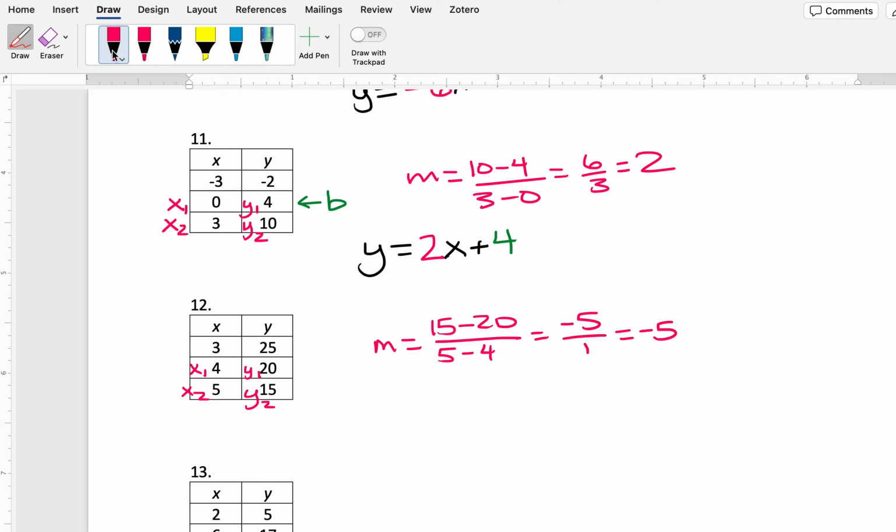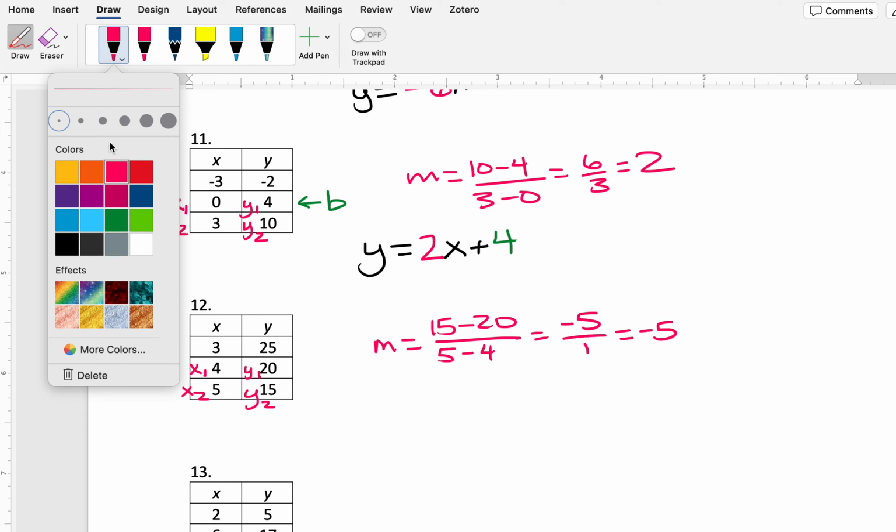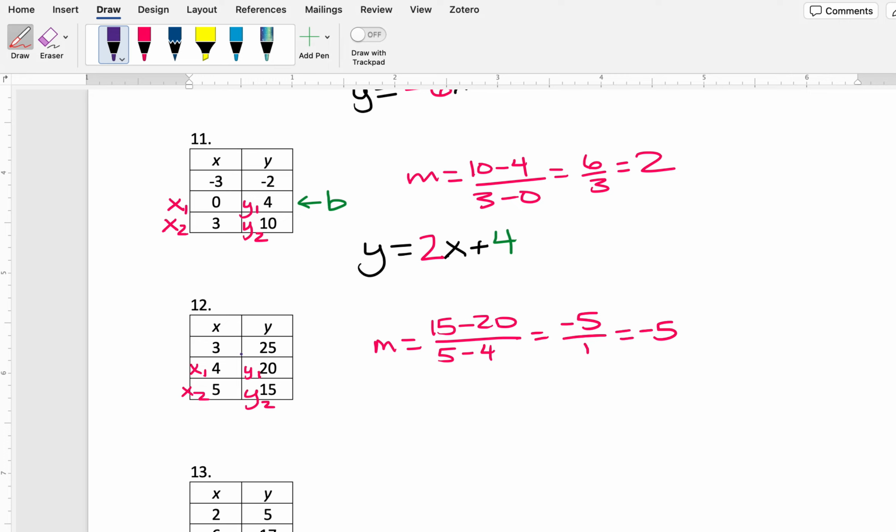Another way that I could do it is I could set up my equation with one of the points. If I do it that way, I'll use my x1 and y1 that I already have labeled. I would plug in 20 for y, I would plug in the m that I found, and I would plug in 4 for x.